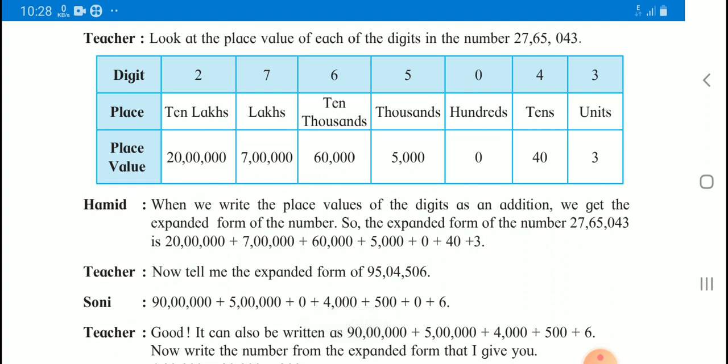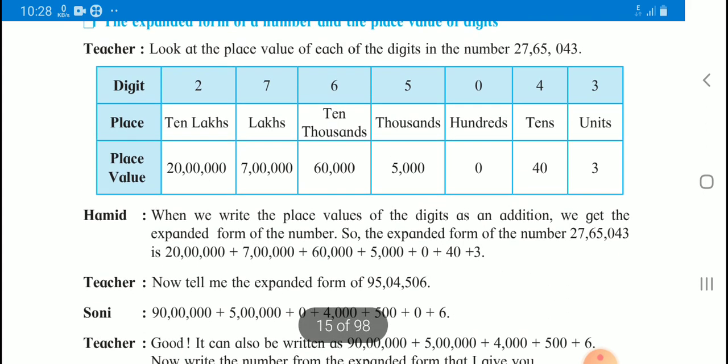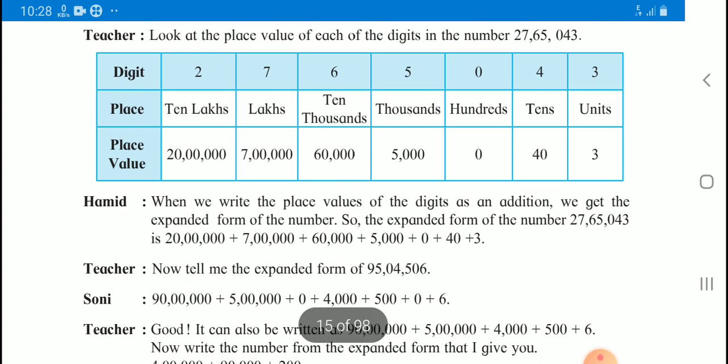So the place value of 4 is 40. Here there is no any number in the hundred place. So 0, place is 100 but place value is 0 because 100 multiplied by 0, answer comes 0.